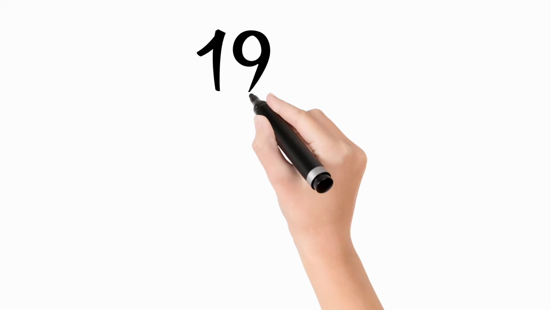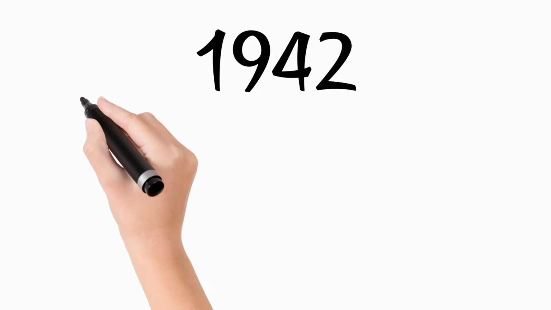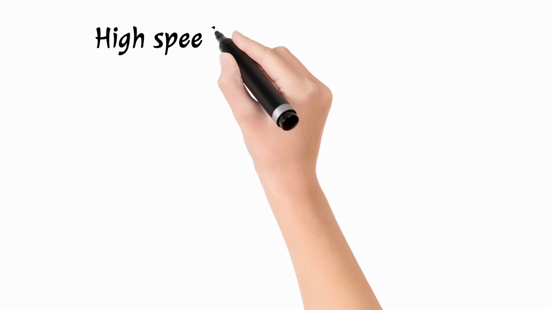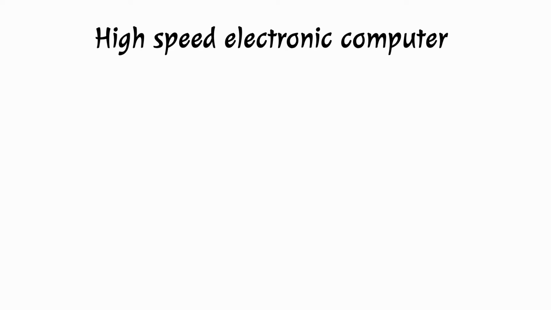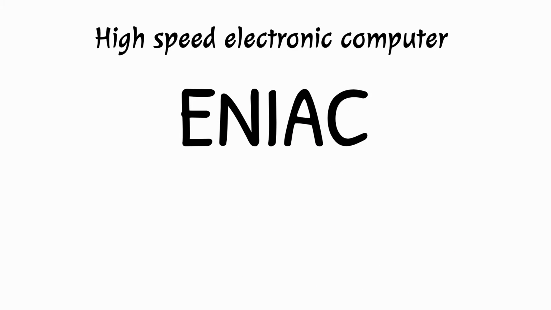In 1942, John Eckert, John Mauchly, and their associates at the Moore School of Electrical Engineering, University of Pennsylvania, decided to build a high-speed electronic computer to do the job. This machine was known as ENIAC, which stands for Electronic Numerical Integrator and Calculator.